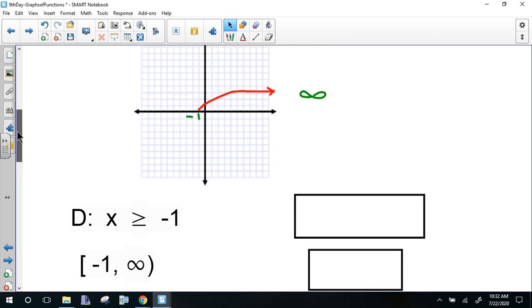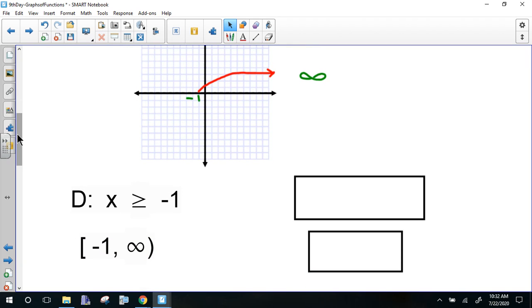Well, normally we would write it x is greater than or equal to -1, because in this case, all the x's are greater than and equal to -1. In set notation, we included that -1 because it is a closed circle here. We use a bracket. -1 to infinity.